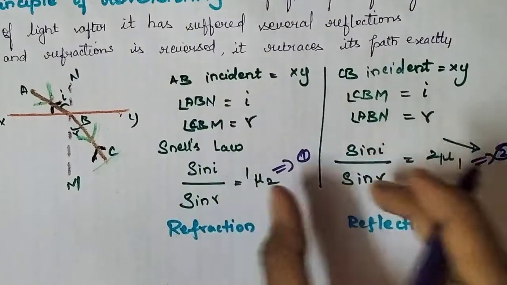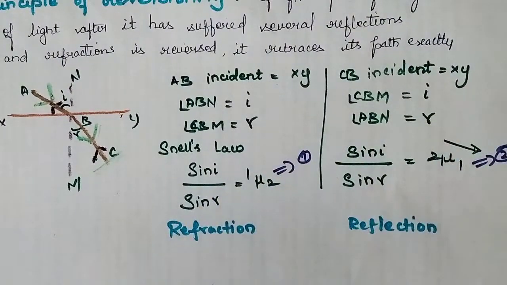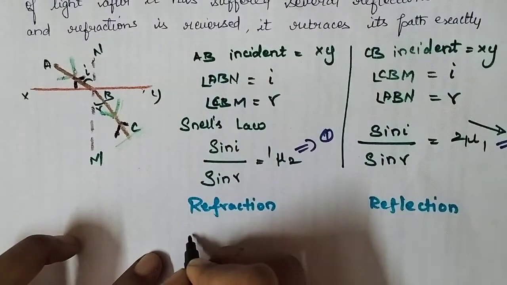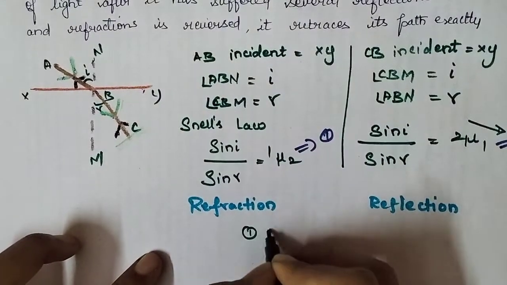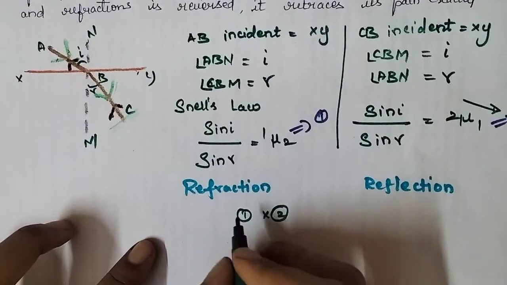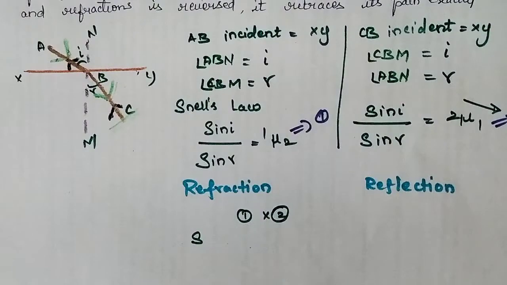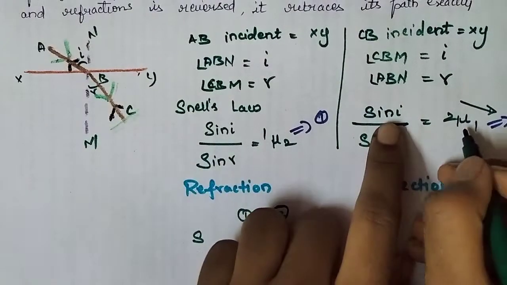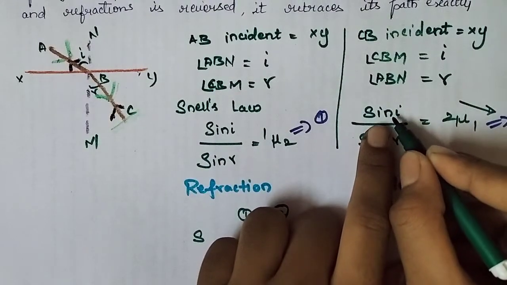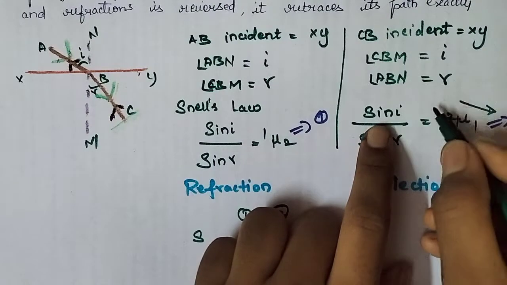Now if you multiply these two, equation 1 and 2, we get sine. Oh, sorry, children, I have to change. As this acts as the incident ray, which acts as the incident ray?